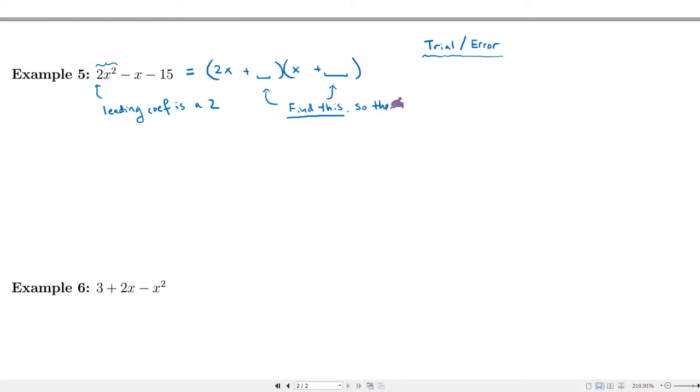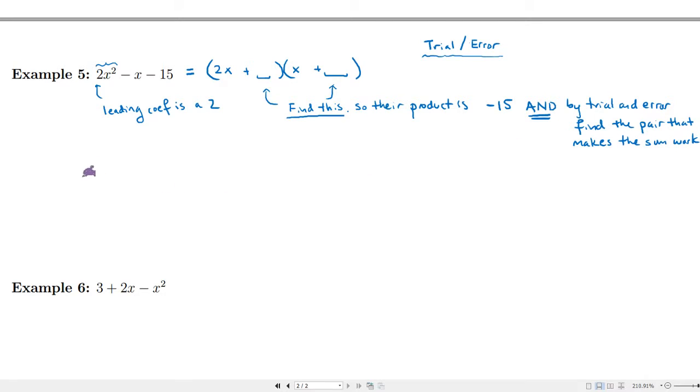So their product is negative 15, and by trial and error, find the pair that makes the sum work.